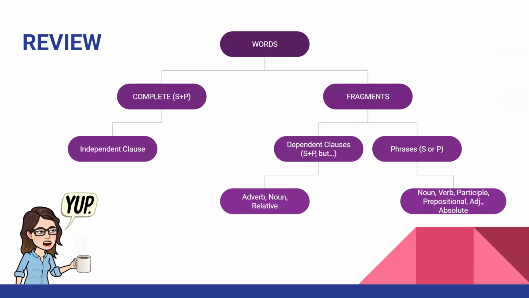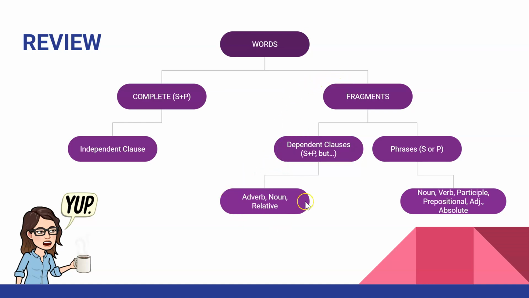Now here's the chart of what we're going to be figuring out in these two lesson videos. If you have chunks of words, we have to be able to label what they are. If it's complete and has both a subject and predicate, then we're going to call it an independent clause. But over here in the fragment category is everything else.